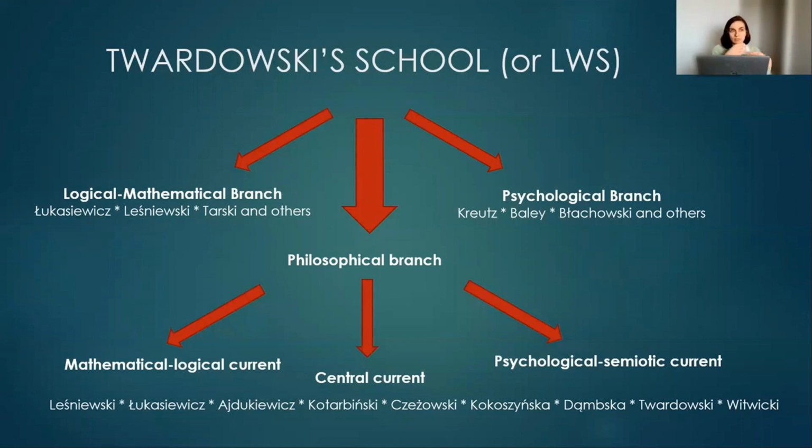So instead of talking about presentations and concepts, members of the school, students of Twardowski, started to talk about names, expressions. Instead of talking about judgments, they started to talk about sentences and relations between them.